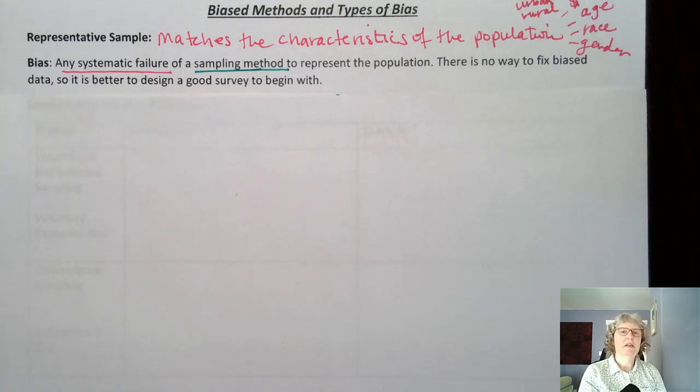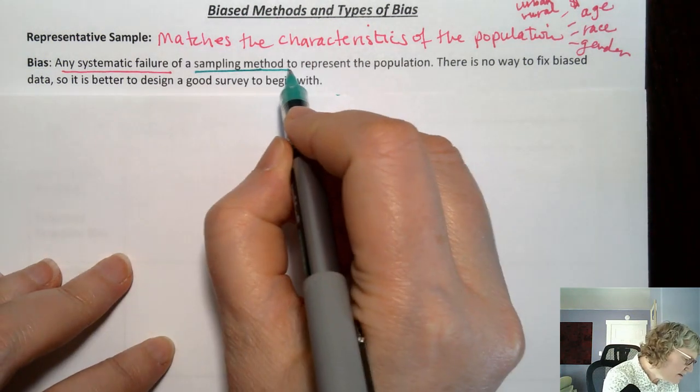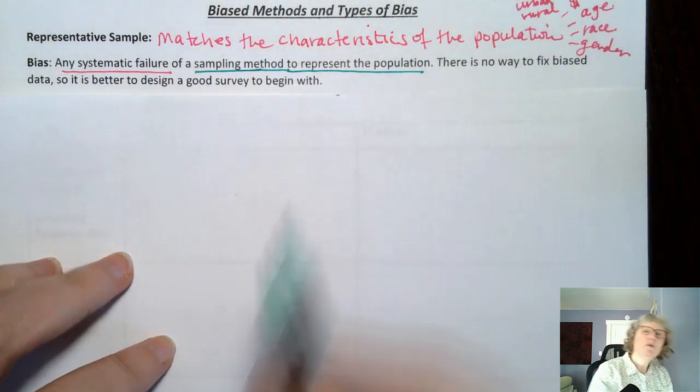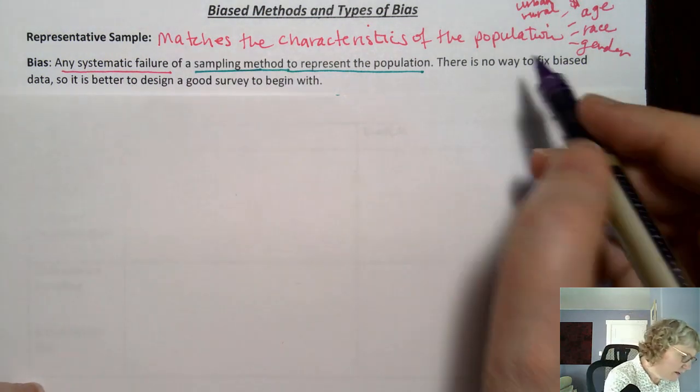So we can't just say, oh, well, let's just get our data and then we'll fix it later. No, you can't fix it later because you don't know what the bias is. If you did, you wouldn't need to do statistics in the first place. So if you're not representing the population, if it's not representative, then it's going to be biased some way, right? So there's no way to fix biased data.